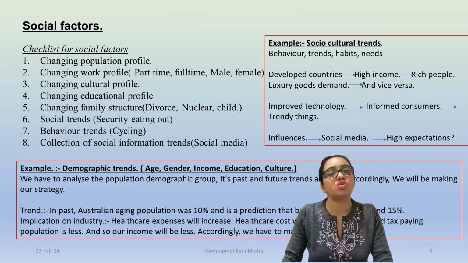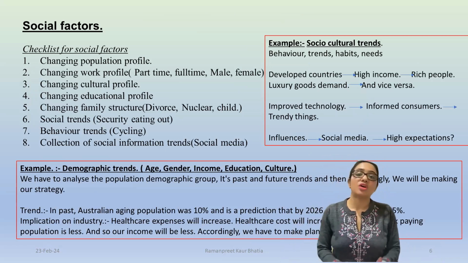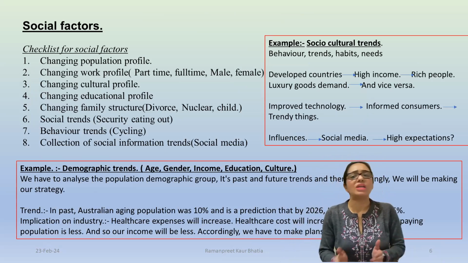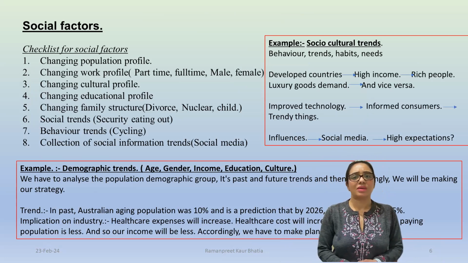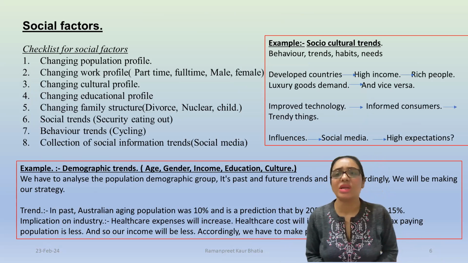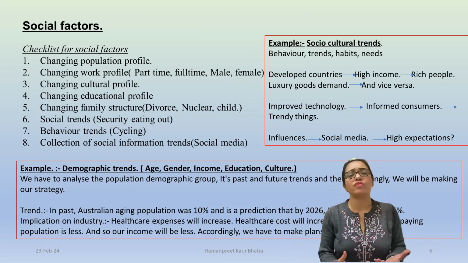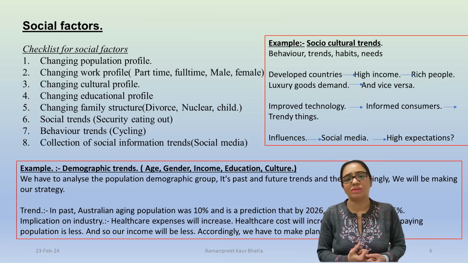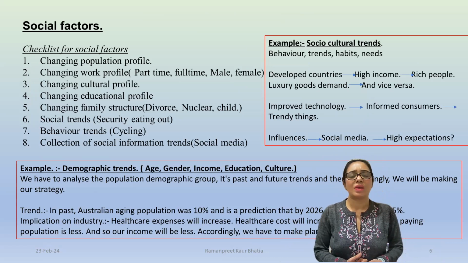First, we'll talk about social factors. Now, society is a combination of demographic and sociographic factors. What are demographic factors? They are the easiest to measure, and hence, most of the time, we often overlook these in strategic analysis.